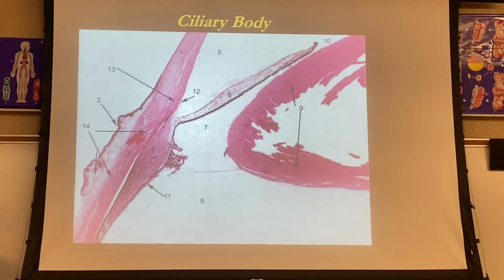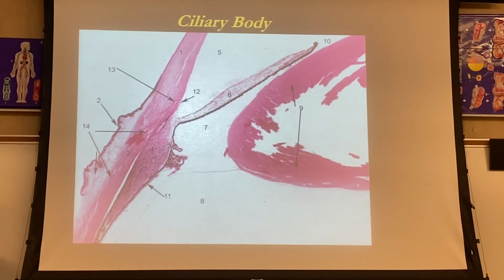Number 5 is anterior chamber. Number 6 is iris. Where's 6?